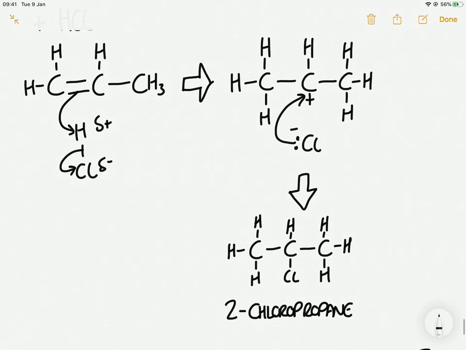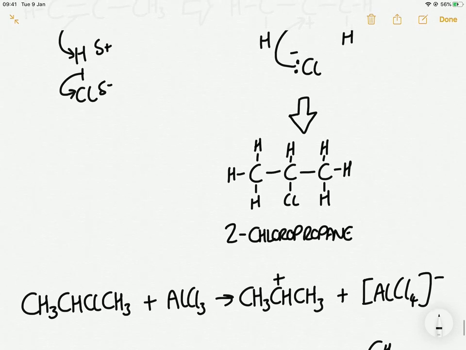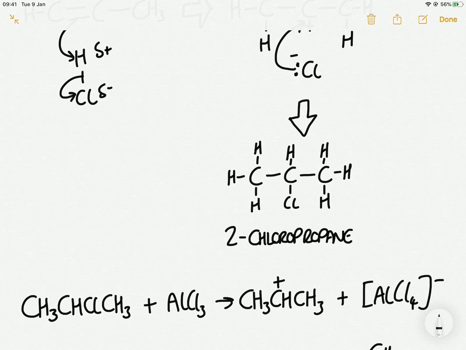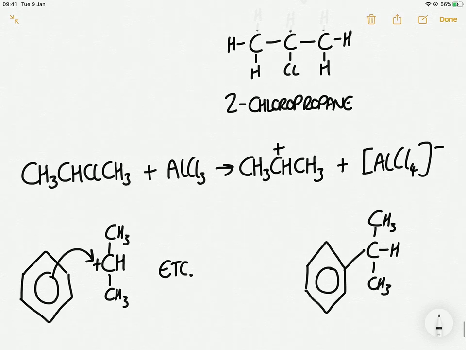That's then going to make 2-chloropropane. The reason that you need to do that is that your 2-chloropropane needs to react with your aluminium chloride catalyst and make the positive charge be on the central carbon. Then, I've not drawn the mechanism in full, but you can see that you end up with 2-phenyl propane.